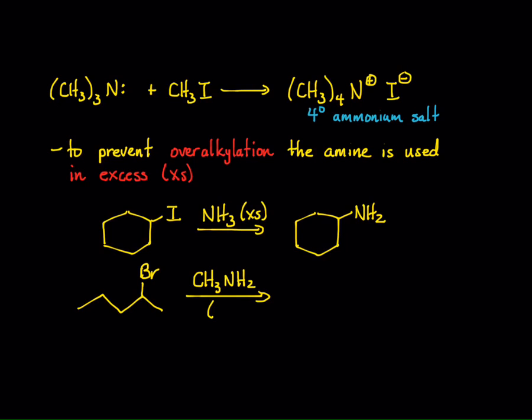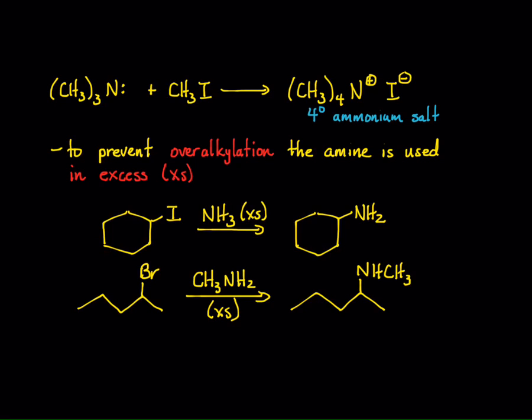Likewise, if I took 2-bromopentane and I reacted it with methylamine, again, in excess amounts, the methylamine can displace the halide, and I get this. So this is N-methyl-2-pentanamine, right? So that's how we can use nitrogen as a nucleophile.